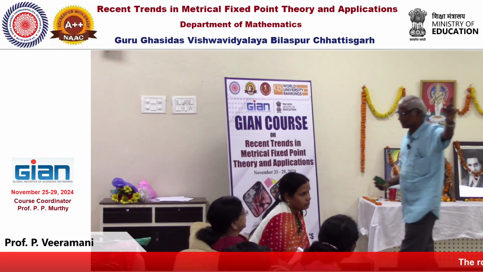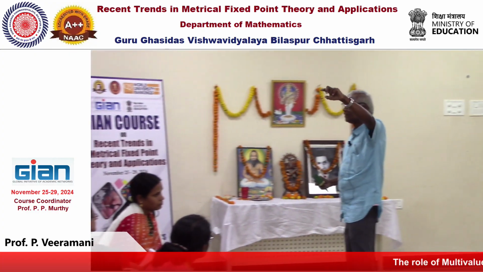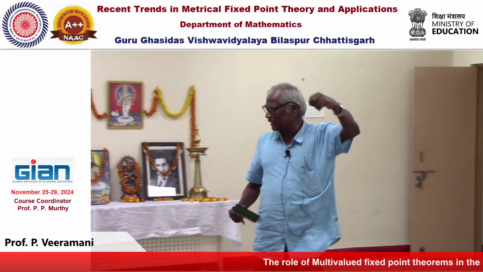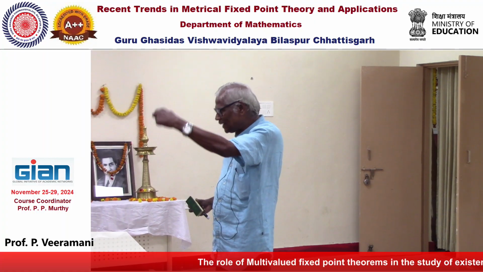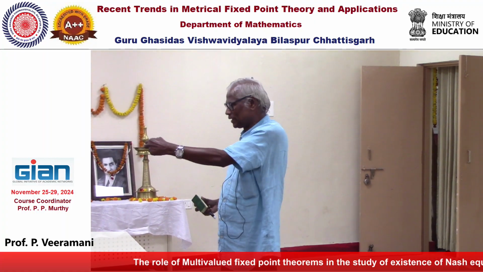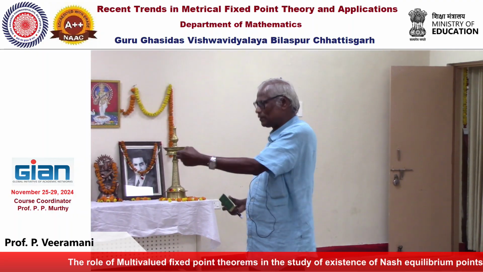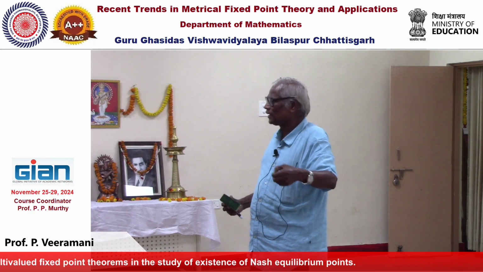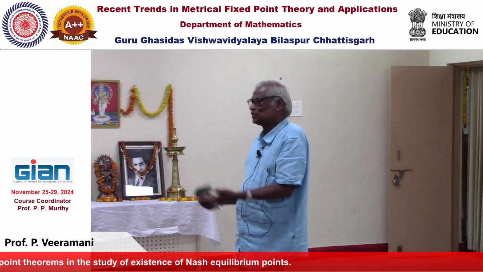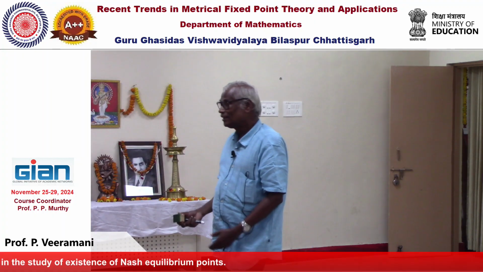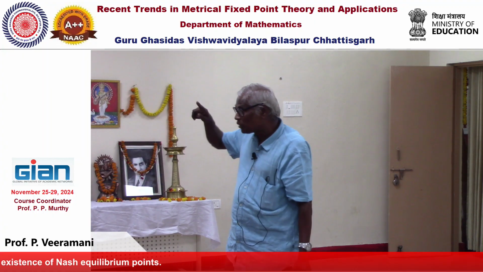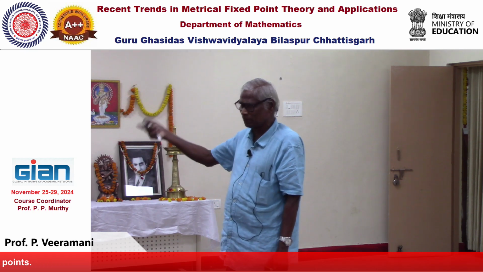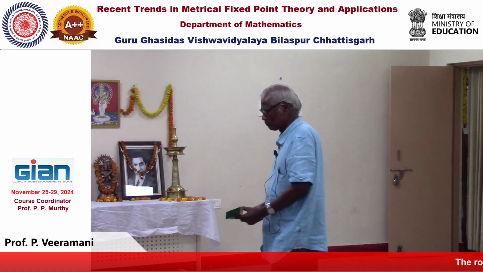X is a normed space, which means for each X in X we have a length of X. X goes to norm X. Y is also in X, so norm Y we know. So using norm X and norm Y, we want to define a norm on X cross Y, a vector space, which we will assume over R.